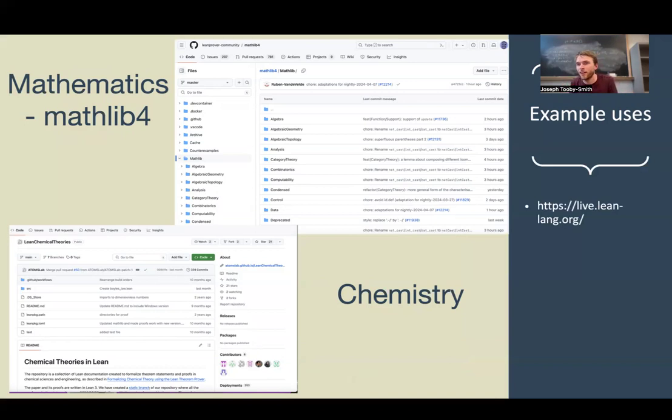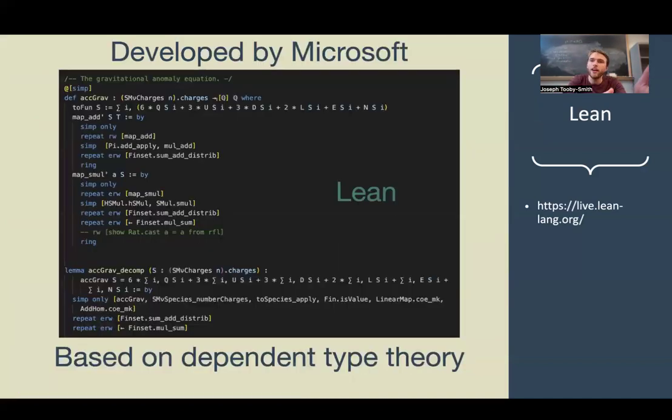So on the screen, on the top right diagram, this is the GitHub repository called MathLib4, and it contains all of these definitions and theorems in an organized way. So each of these directories, for example, the category theory one, contains files and files of things that look like this, with definitions and lemmas and theorems about category theory.